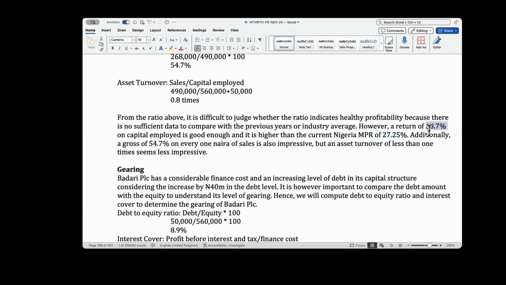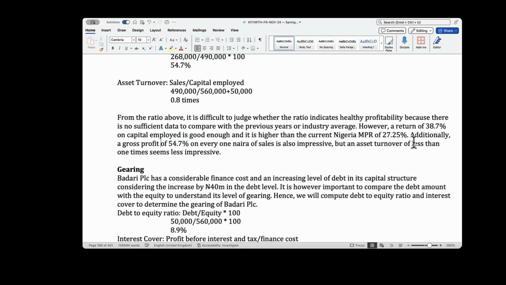Which is okay. And I said, additionally, a gross profit margin of 54.7% on every 1 naira of sales, not profit, gross profit margin, is also impressive.